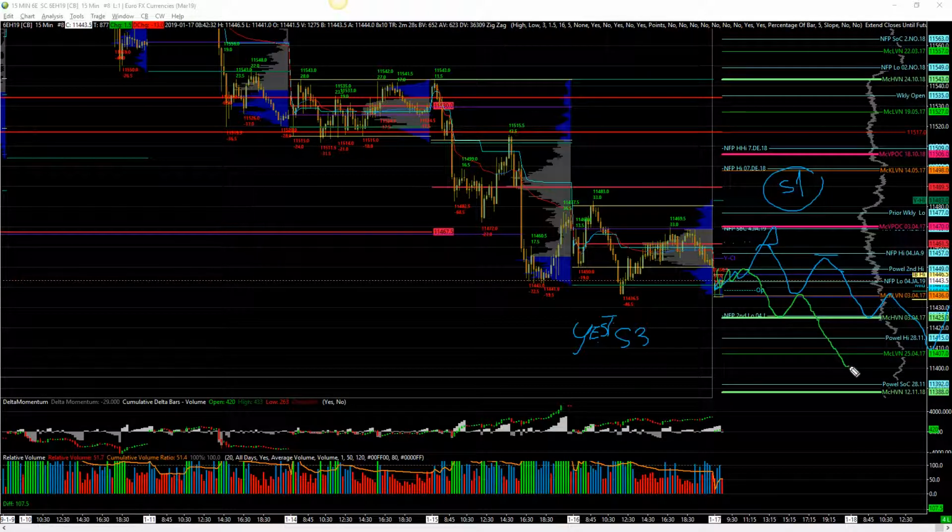$396, which is a low of one of the previous days. LVN here, and go as low as 380. 380 is a naked VPOC.